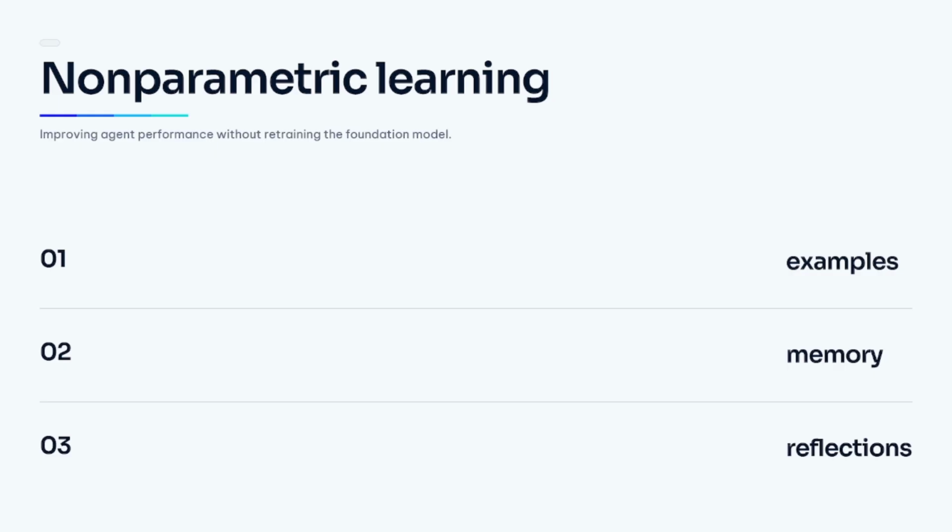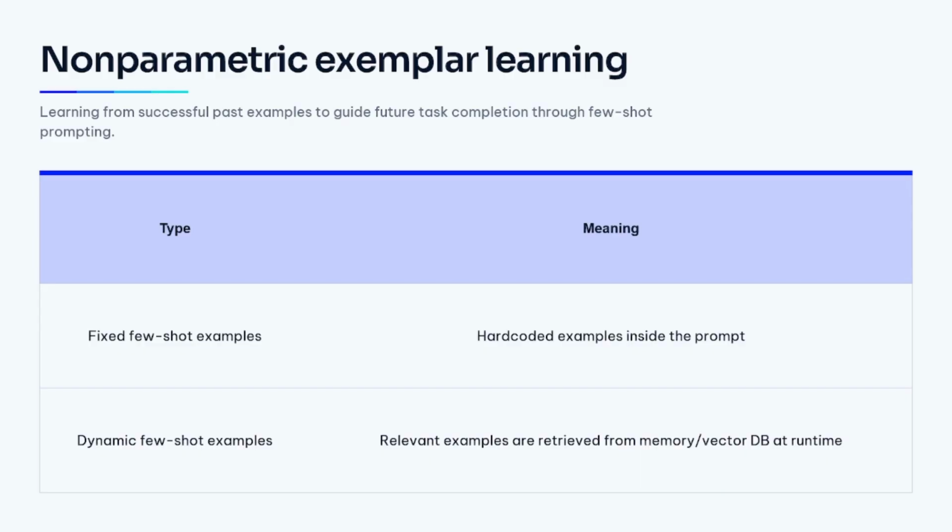Then non-parametric learning can also be achieved through memory. So of course we have said RAG database. You can develop a RAG database where the LLM collects information and uses it to augment whatever it has. And then it can be reflection based, where the agent has the ability to reflect on the surrounding environment and pick up information from its environment.